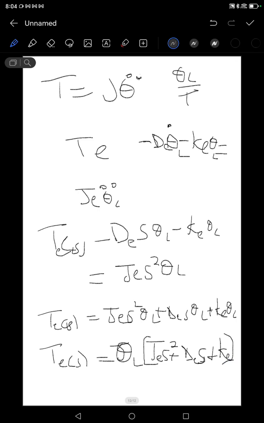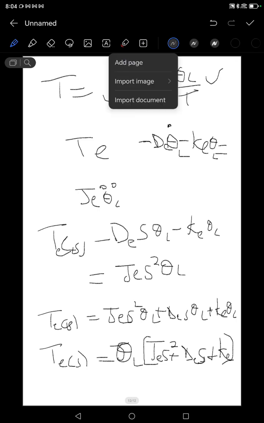Then we divide both sides so that we can get the theta L over T. So we divide both sides by T, and we end up with theta L over TE of s equals, remember here at T we multiply with the number of gears, where we had N2 over N1 multiplied by N4 over N3.